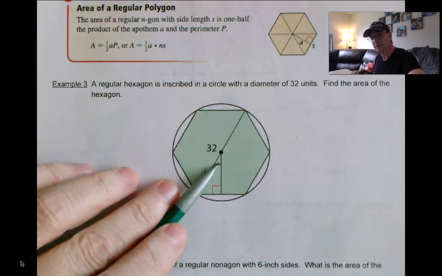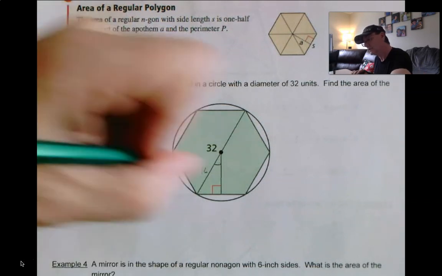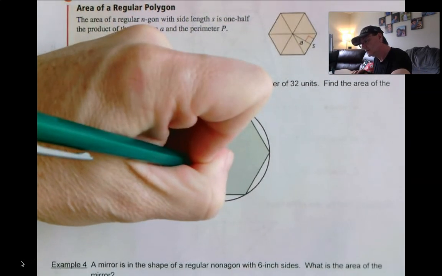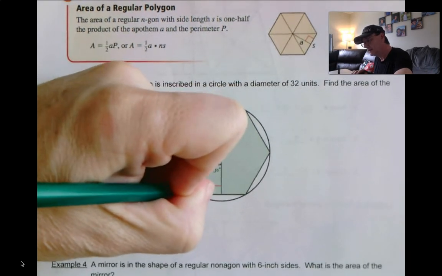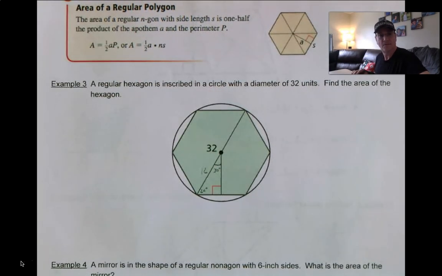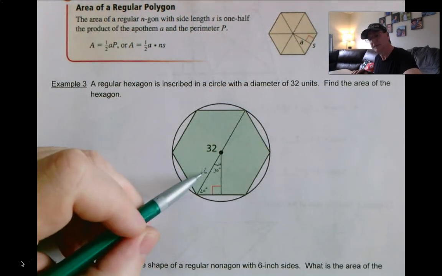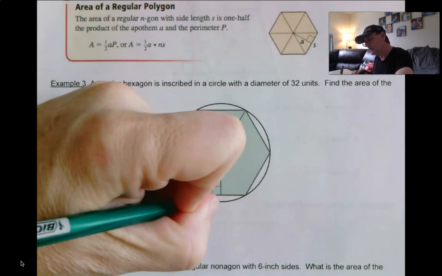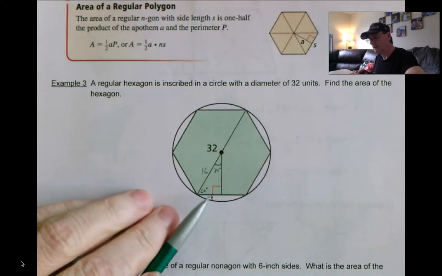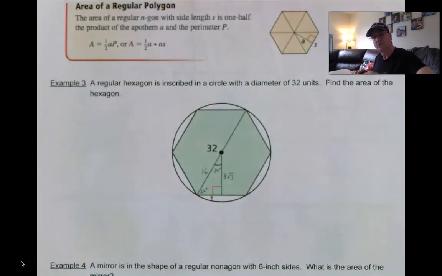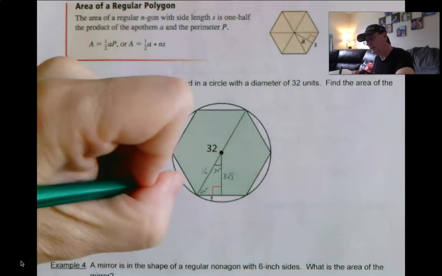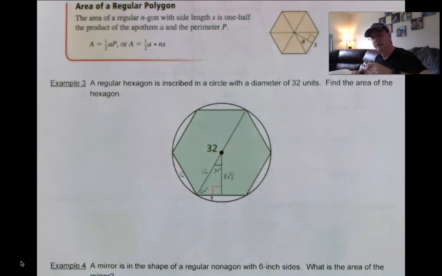So 360 divided by 12 gets us 30 degrees, making this a 30, 60, 90 right triangle. So if this is 16, this is 8. If this is 8, this is 8 square root 3. So the apothem is 8 square root 3, and the length of a side is 16.